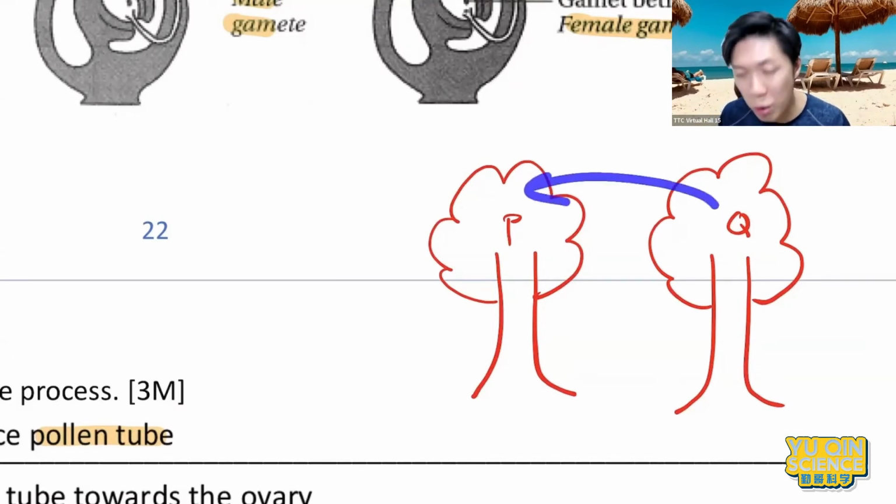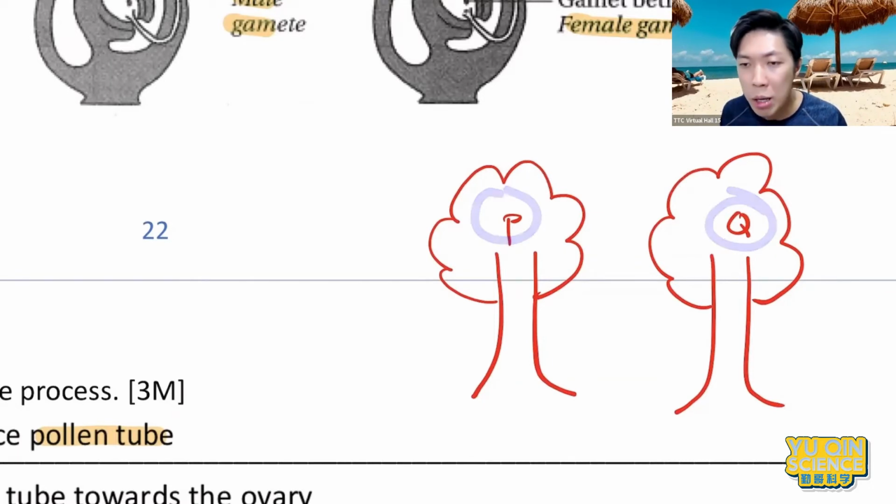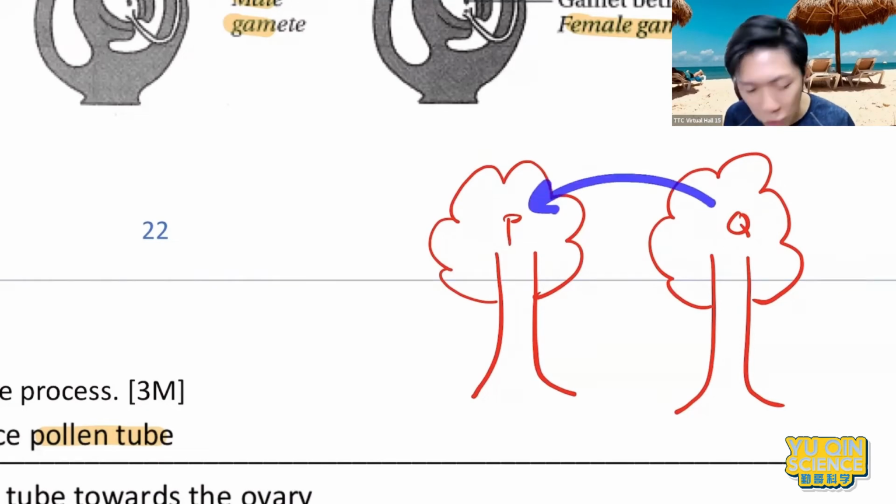Because you want both characteristics, you have to make sure you do cross-pollination. So cross-pollination is your main point. That's the first point. But cross of what? Cross of Q and P. I want to make sure Q comes over.